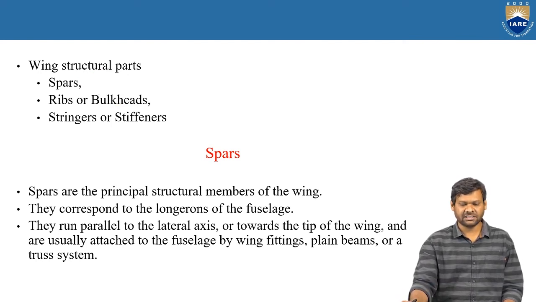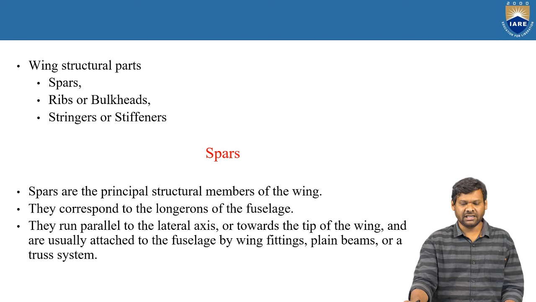Spars are principal structural members of a wing. They correspond to longerons of a fuselage, and moreover, they carry the major part of the load. And similar to longerons in a fuselage, these spars have the same function. They run from one tip to the other tip of a wing.